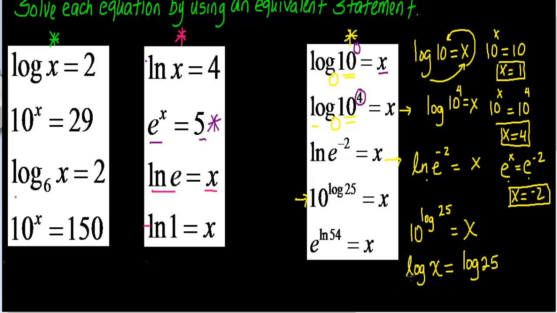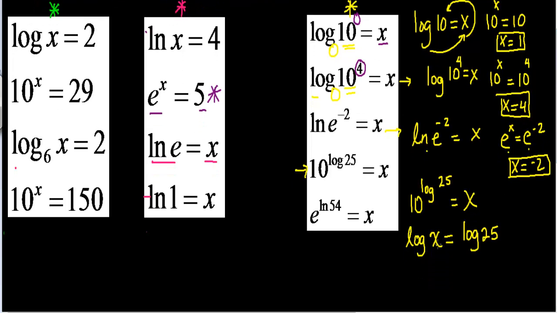Okay, so if I have a log of x equal to a log of 25, and they are both logs, right? They're both logs, then x has to be 25. I have the same log and the same base of the log, then the arguments have to be equal, okay? Because I'm saying that they are equal. So x has to be 25, okay?